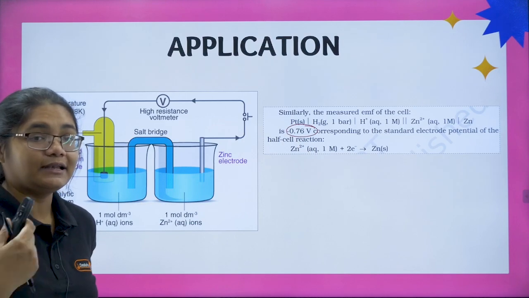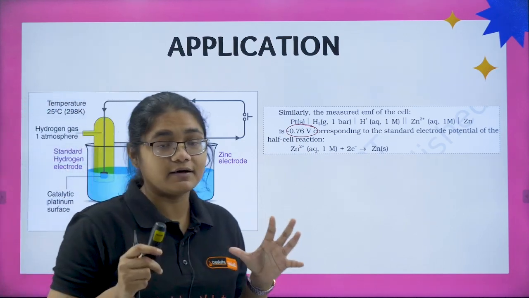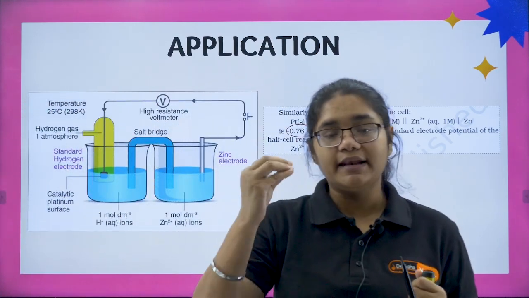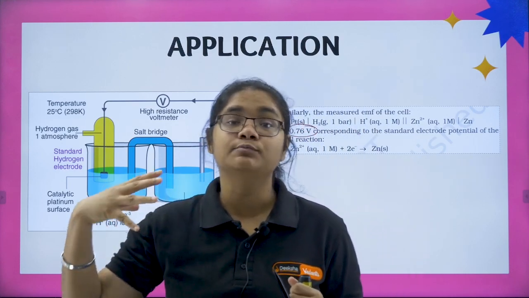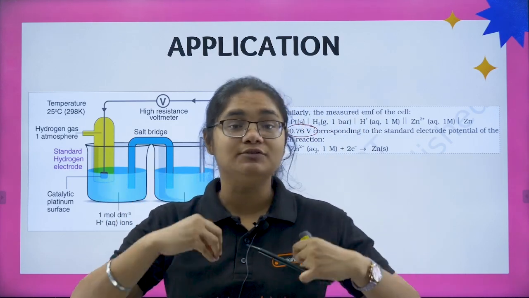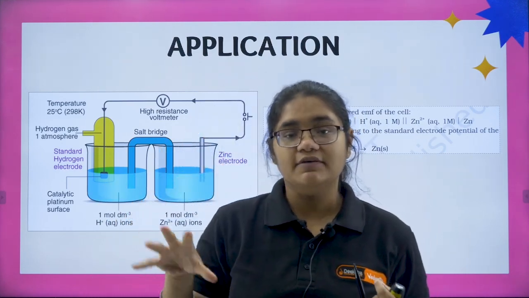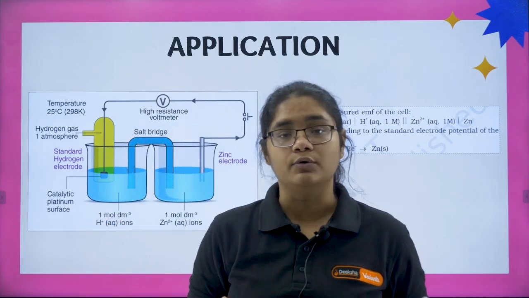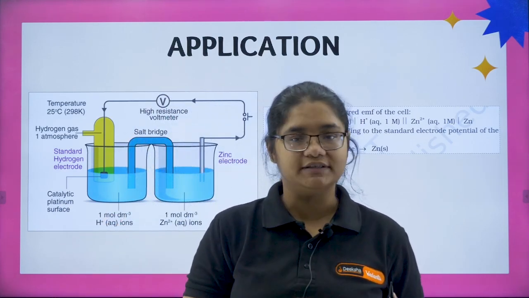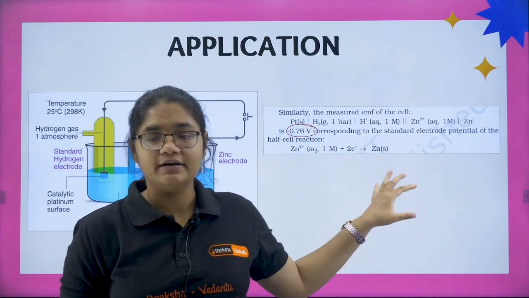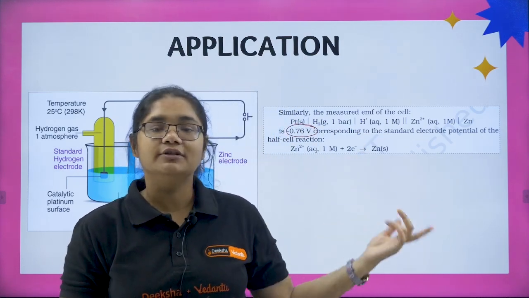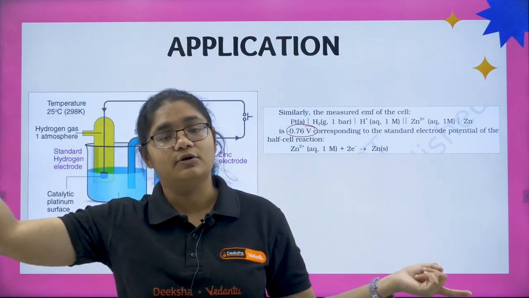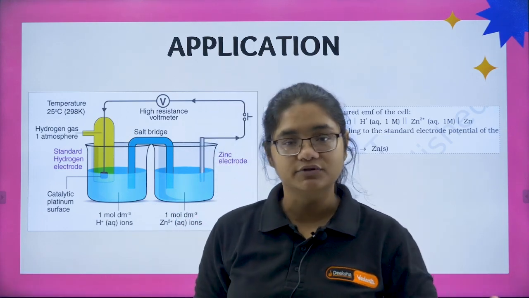Whenever the reduction potential is positive, that species wants to undergo reduction. If the reduction potential is negative, the species does not want to undergo reduction, it wants to undergo oxidation. Since the zinc reduction potential is negative, it undergoes oxidation, and it is taken on the left hand side where it undergoes oxidation.